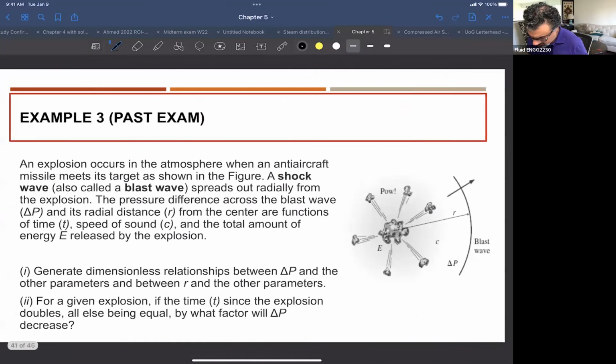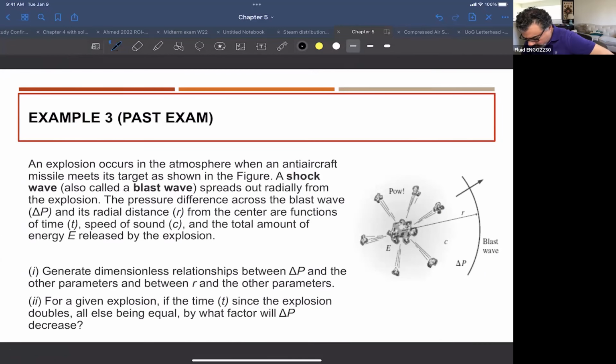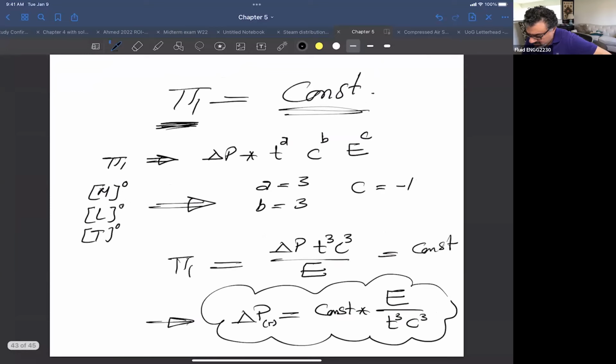Now he's asking in the second part of the question, for a given explosion, if the time t since the explosion is doubled, all else being equal, what should delta B decrease by? So if the time is doubled, what can I do here? Exactly.